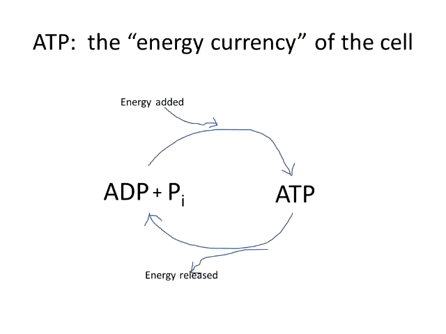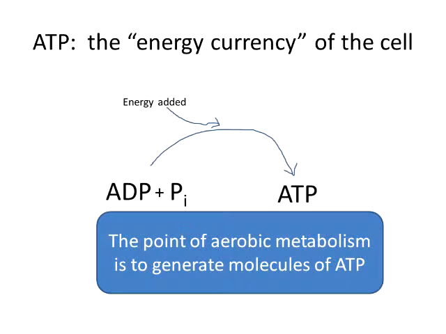Many biochemical reactions are involved, and like most or all biochemical reactions, all of these reactions are catalyzed by enzymes. Remember that the energy currency of the cell is ATP. In other words, ATP is the immediate energy source for all cellular processes. So the whole point of glucose metabolism is to generate molecules of ATP.